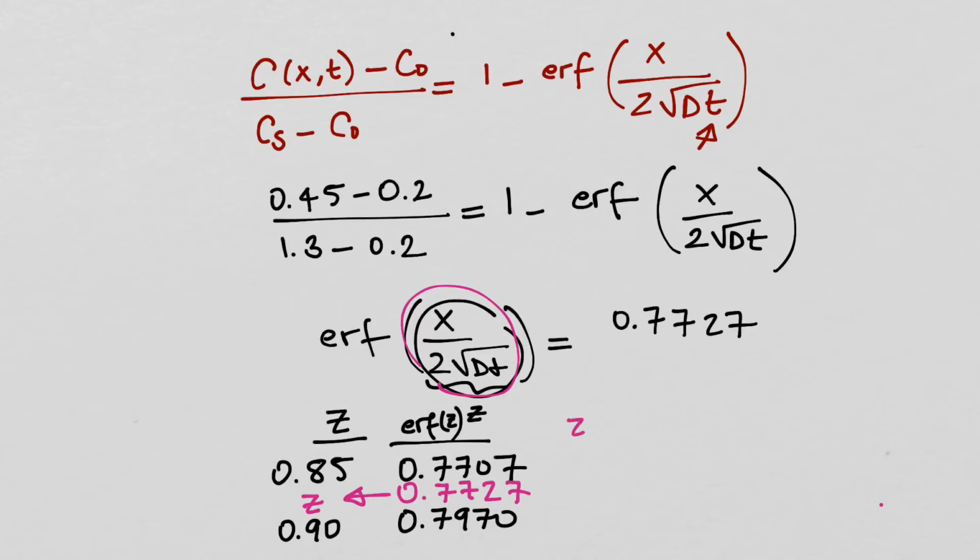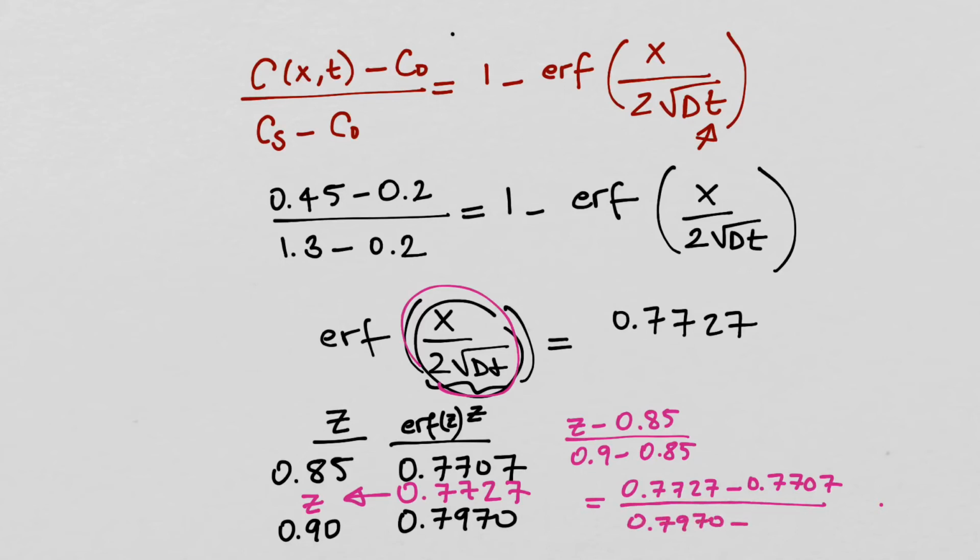So z minus 0.85 over 0.9 minus 0.85 is equal to 0.7727 minus 0.7707 over 0.7970 minus 0.7707.